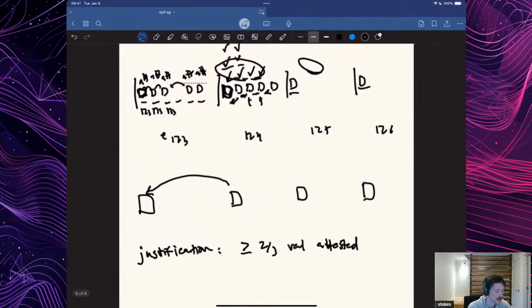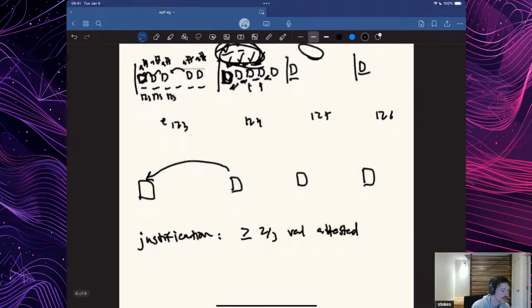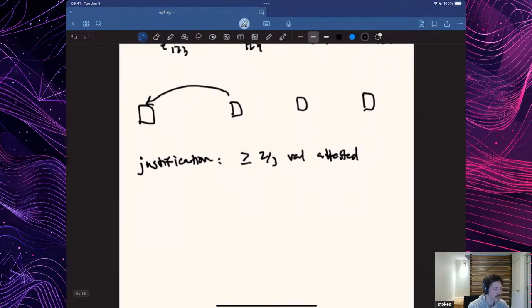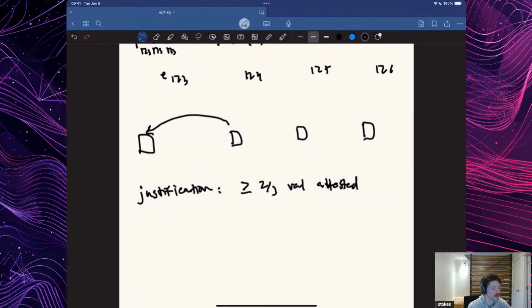You could count all of the attestations here, and if you reach this threshold, then they would be justifying this block. So you have justification.